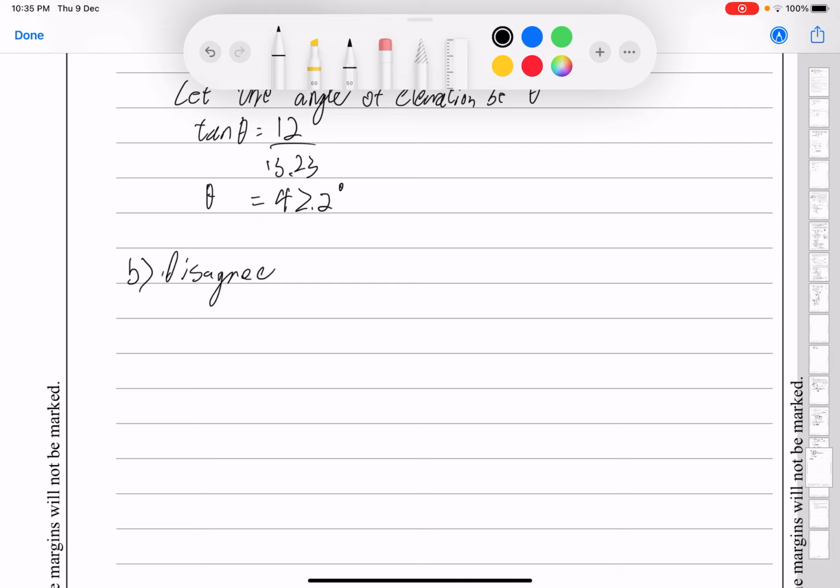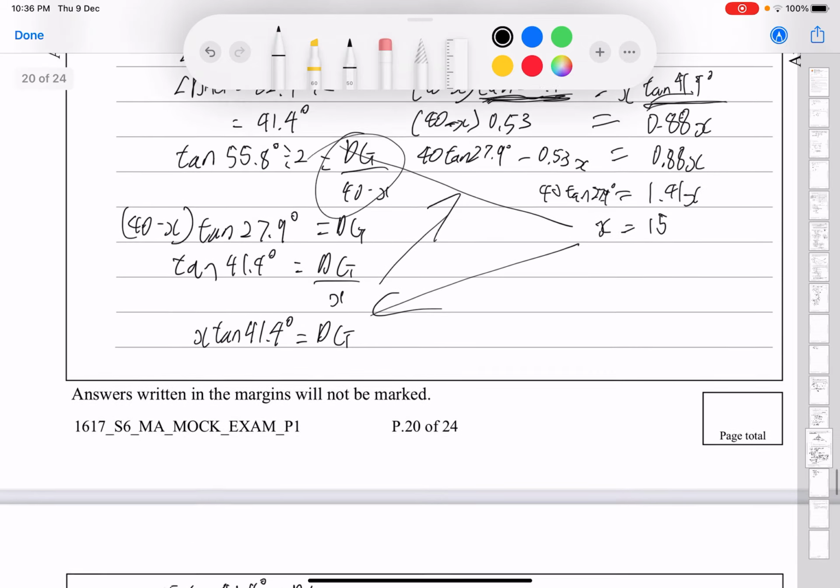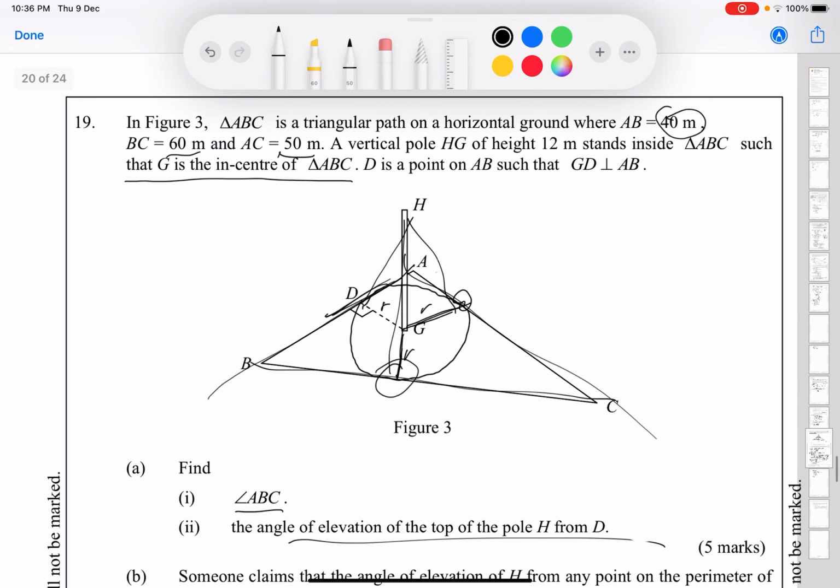But how do we prove it? It's because we can say that this length here is the same, this length here is the same, and this length here is the same. Any pole is of the same height from all of these 3 sides.